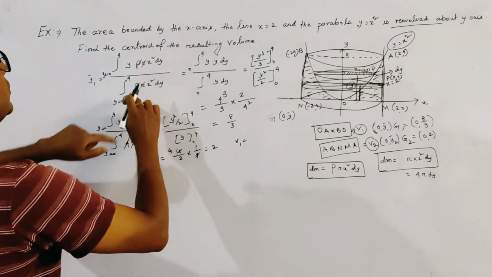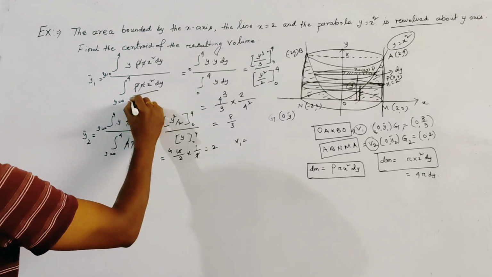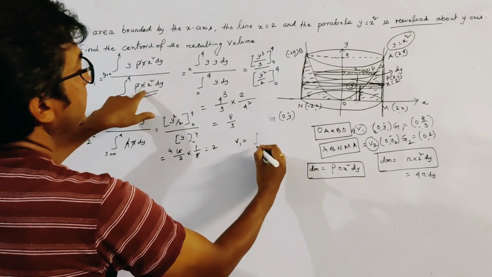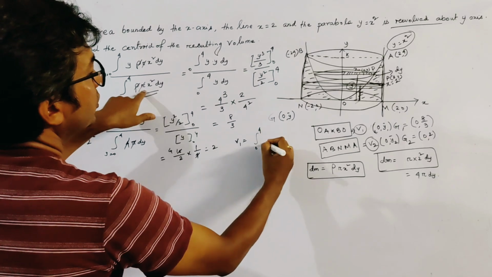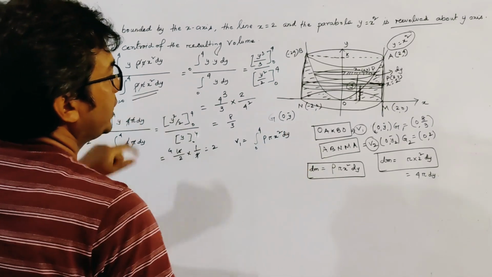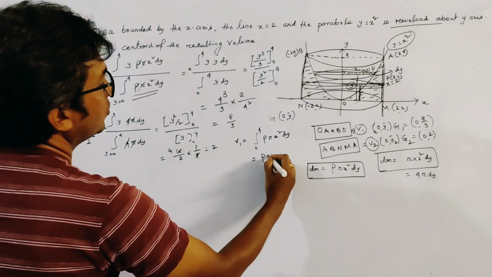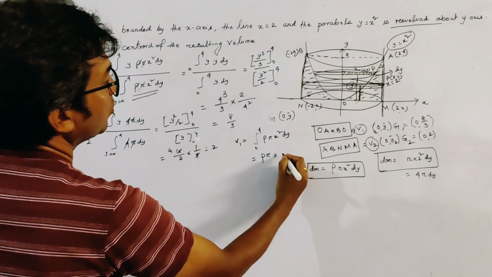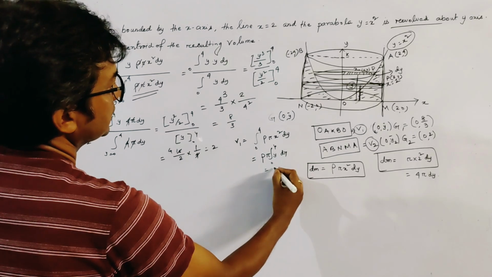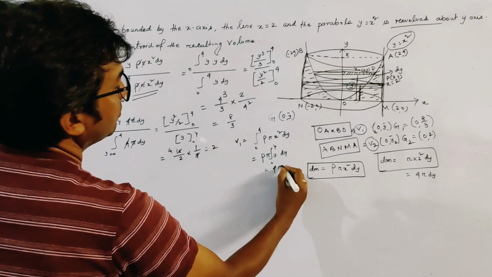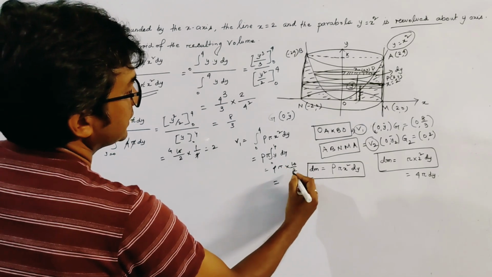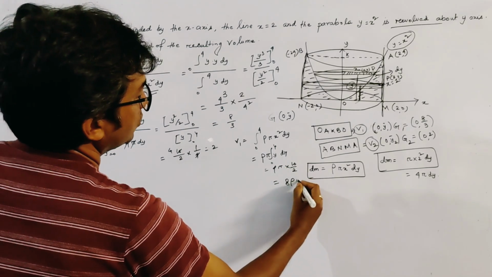We already cancel out 5, so here we write integration 0 to 4 rho pi x square dy, and this is rho pi into y dy, and so this is rho pi into 16 by 2, that is 8 rho pi.